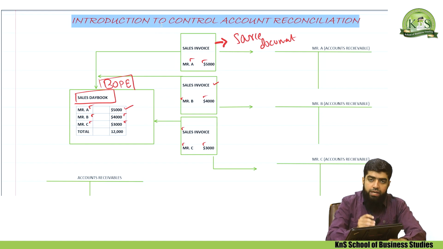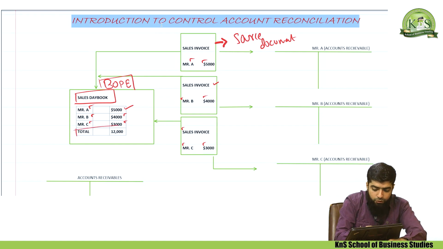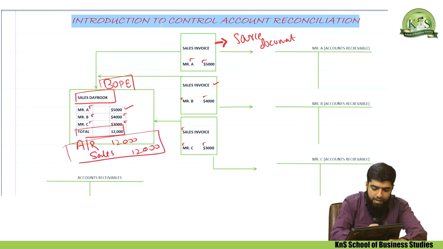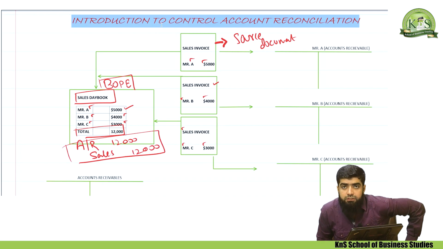We have accumulated the same nature of transactions at one place, with a total of $12,000. That $12,000 will be recorded with one single entry: account receivable debit and sales credit of $12,000.